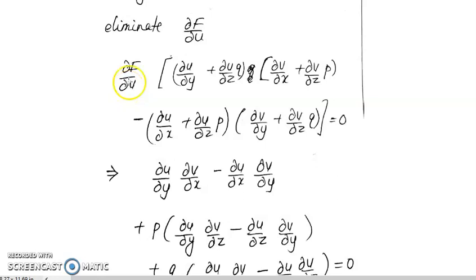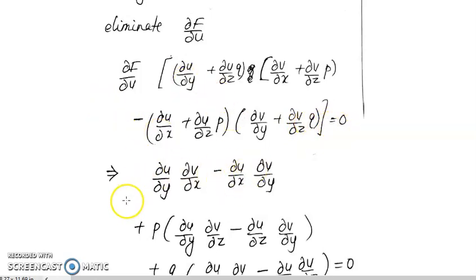So dou f by dou v into (dou u by dou y plus dou u by dou z into q) into (dou v by dou x plus dou v by dou z into p) minus (dou u by dou x plus dou u by dou z p) into (dou v by dou y plus dou v by dou z q) equal to 0.